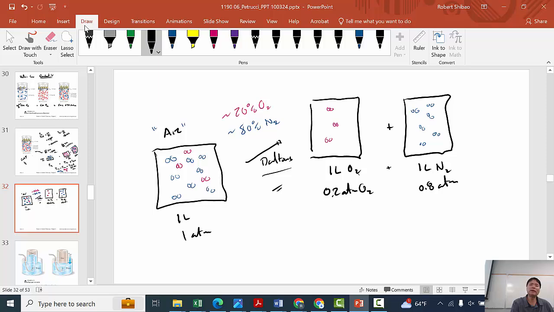Okay, if we are in the Dalton's dimension, then it does not overlap with Avogadro's. It cannot be both Avogadro's and Dalton's at the same time.